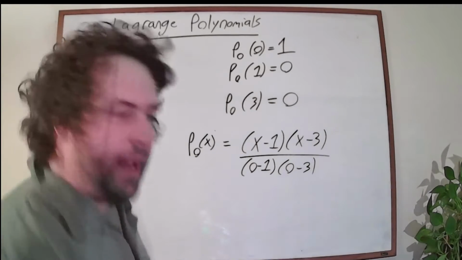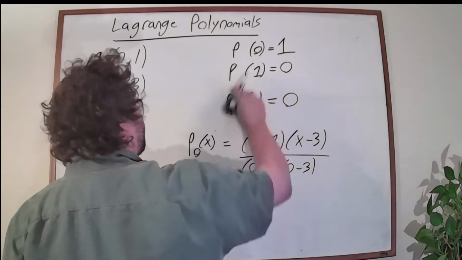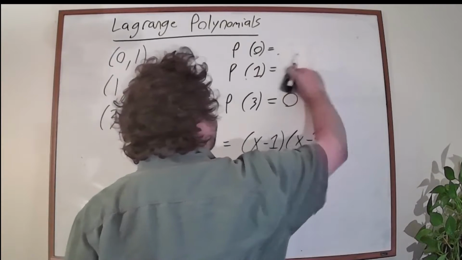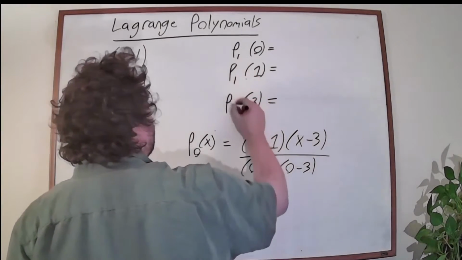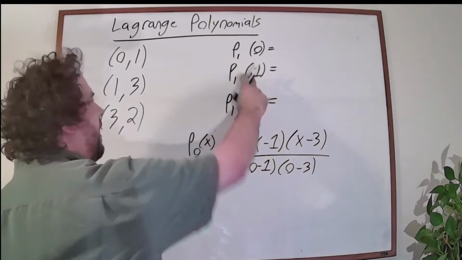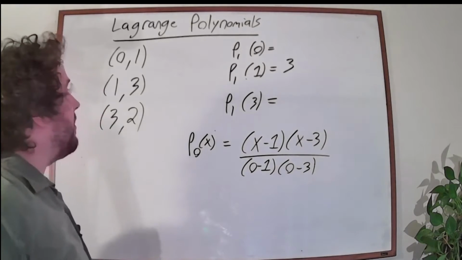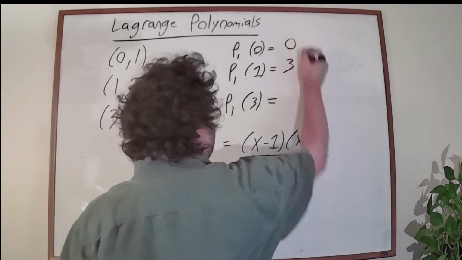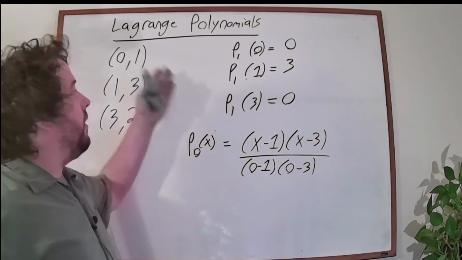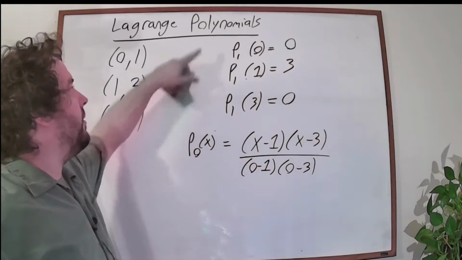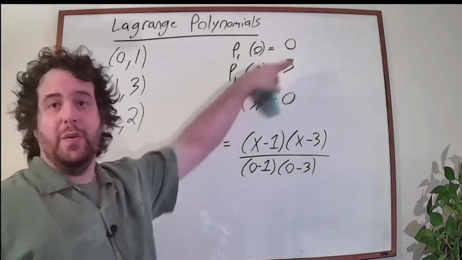Now, what about p1 of x? p1 of x, I'm going to want to handle the value at 1, so I'm going to want p1 of 1 to be equal to 3, and I'm also going to want p1 of 0 to be equal to 0, and p1 of 3 to be equal to 0, again, to leave room for the other 2 polynomials. p0 took care of the value at 0, so we don't want to add anything to that.